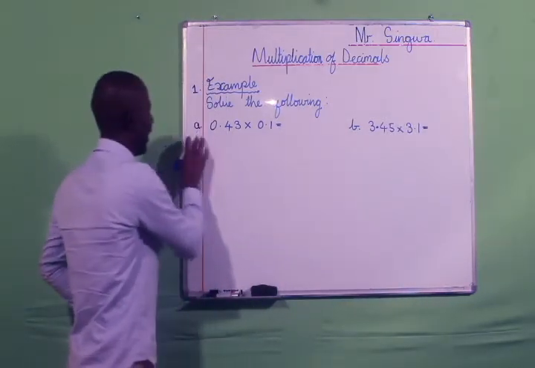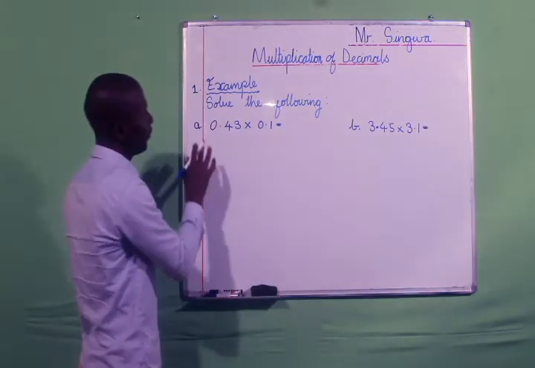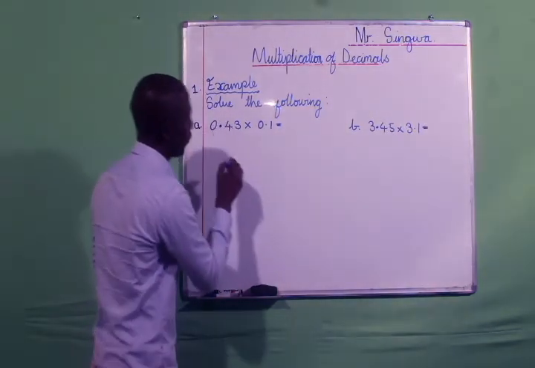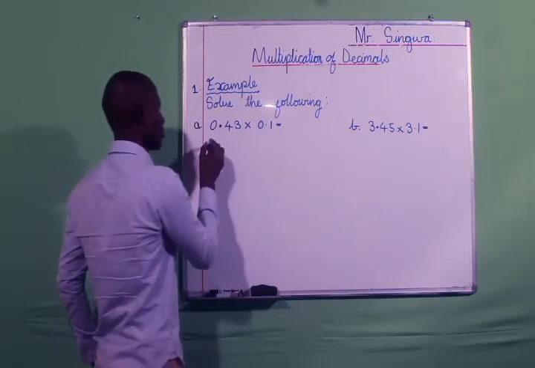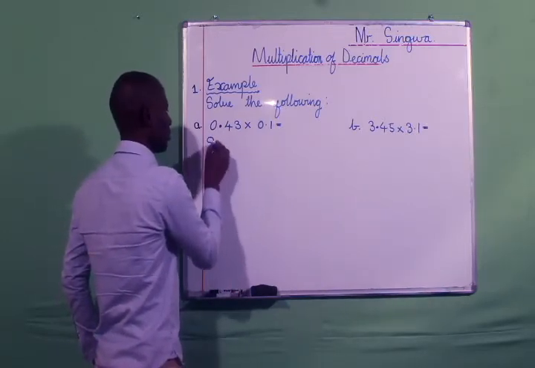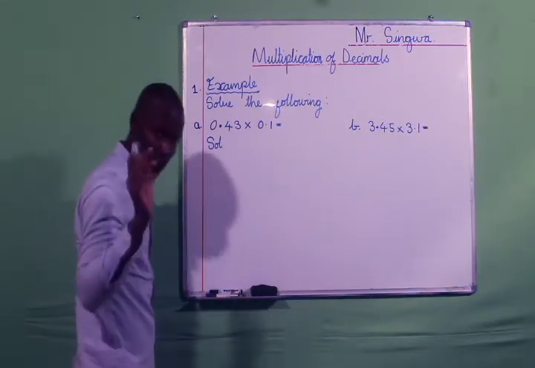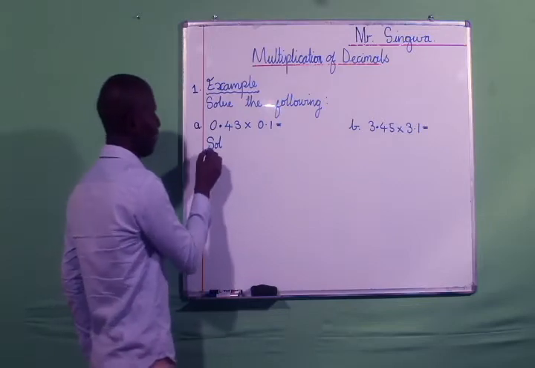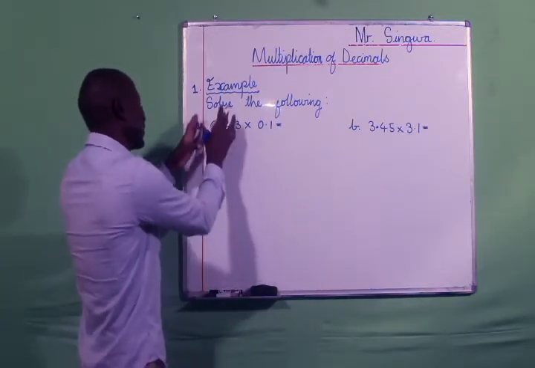When you have A, which is 0.43 multiplied by 0.1, what you need is to find the solution. And after you find the solution written there, you get these figures.